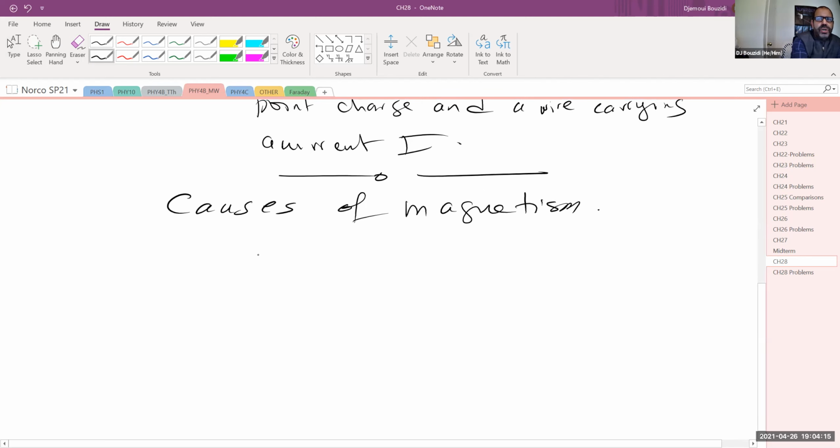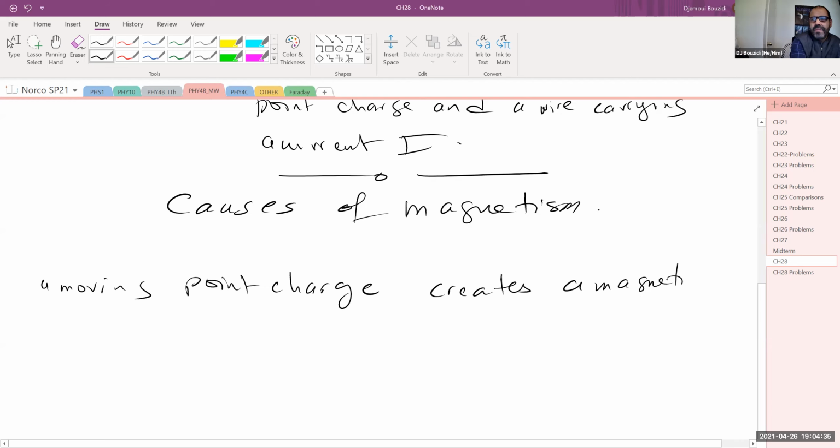Before that, a moving point charge creates a magnetic field. So this is an experimental law, just like Coulomb's law.